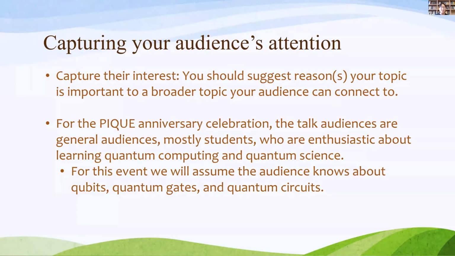However, if your talk is about, say, a specific type of quantum hardware, you wouldn't be able to assume that the audience knows what that quantum hardware is in advance or how it works. Basically, know your audience. And you can capture your audience's attention by framing what your talk, if it's solving a problem, is doing with respect to the bigger problems that it can help solve and why those problems are important. But we'll see more in this workshop with the examples.